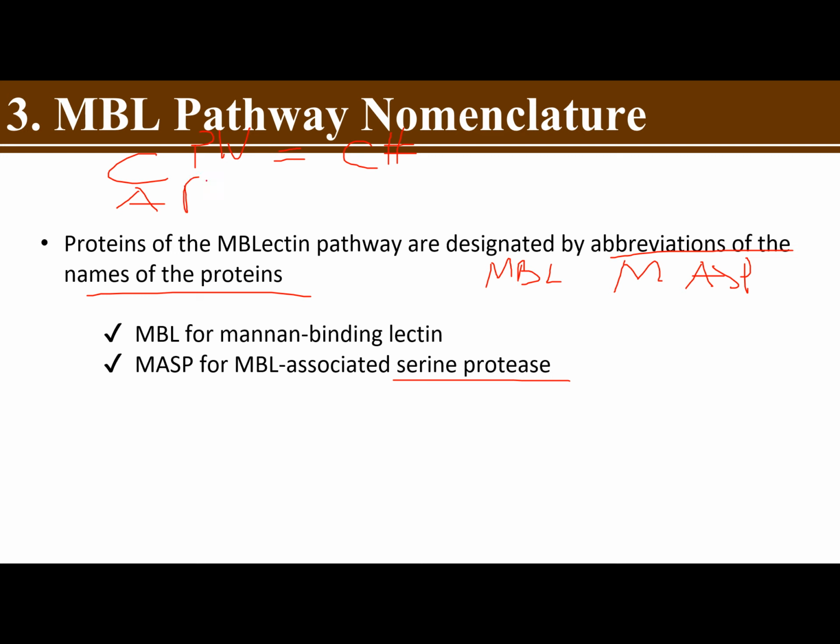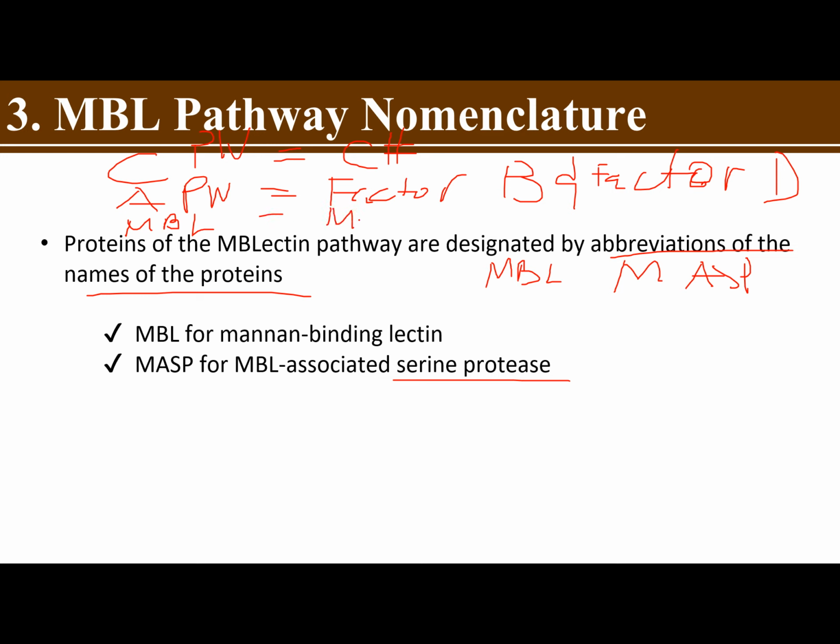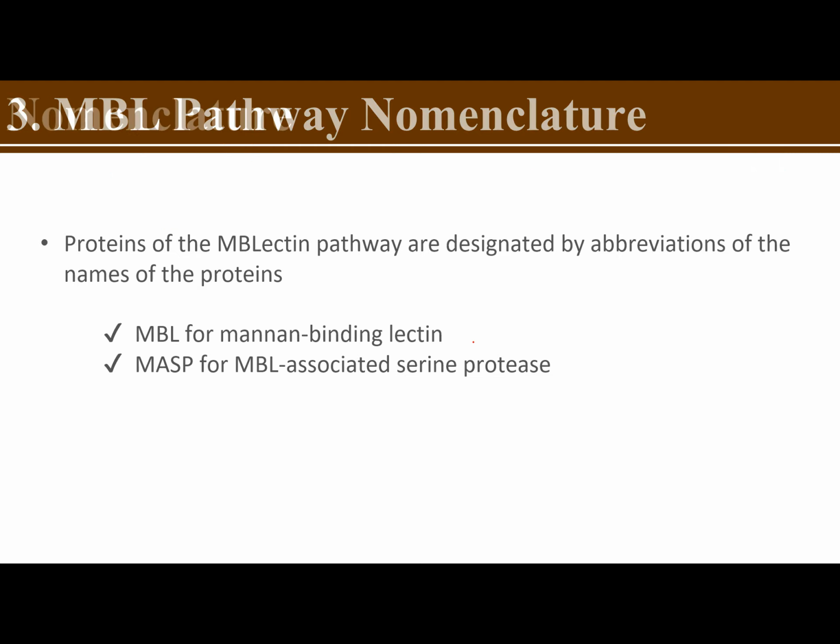For the alternative pathway, you would use the word factor followed by the big letters B or D. And then for the MBL pathway, you're just going to memorize the abbreviations MBL and MASP. MASP would stand for, again, MBL associated serine protease. MBL would stand for mannan binding lectin.